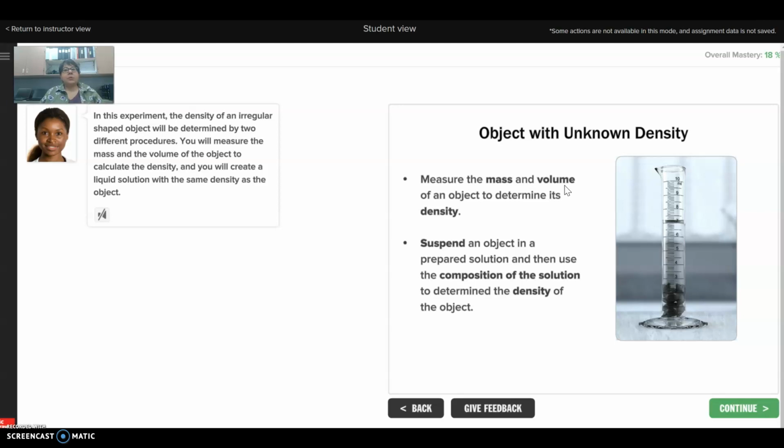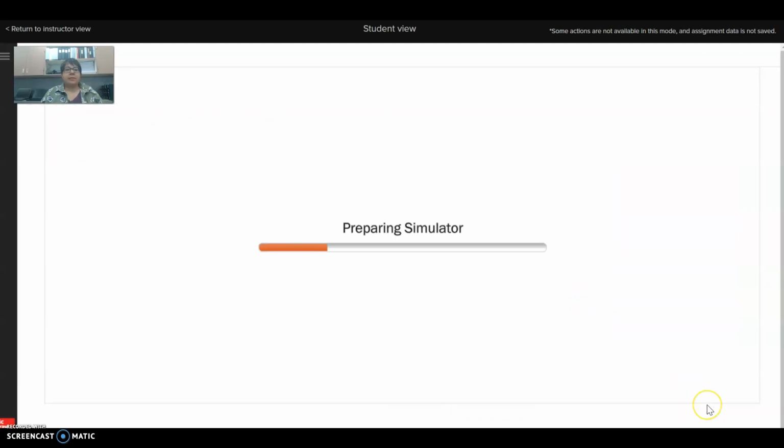You can also compare the density of an object by floating it in a solution. Depending on the density of the solution compared to the density of the object, that item will either float, sink, or suspend. If you have a liquid and a solid of the same density, the object will be suspended.